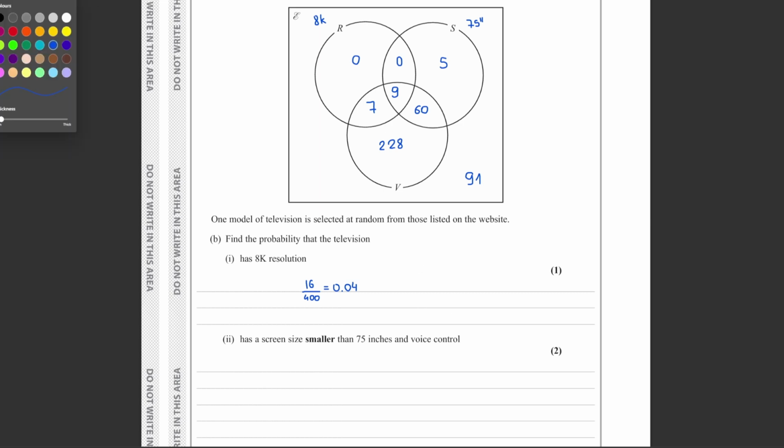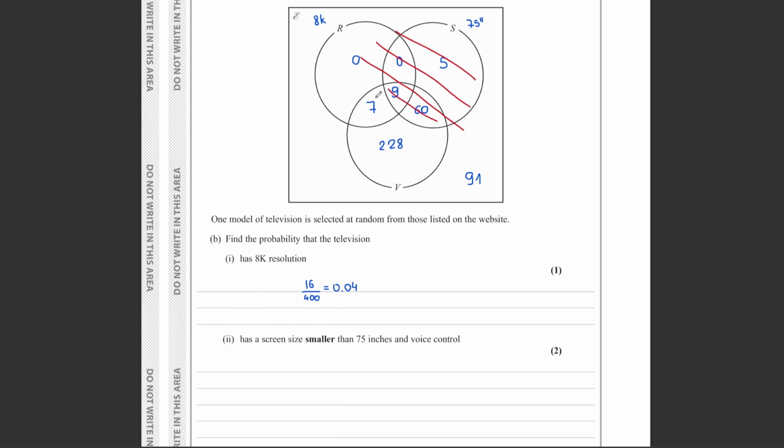So we don't want to include the inches, but we want the voice control. So that will be 7 plus 228, out of 400. In decimals, that will be 0.588 to 3 significant figures.